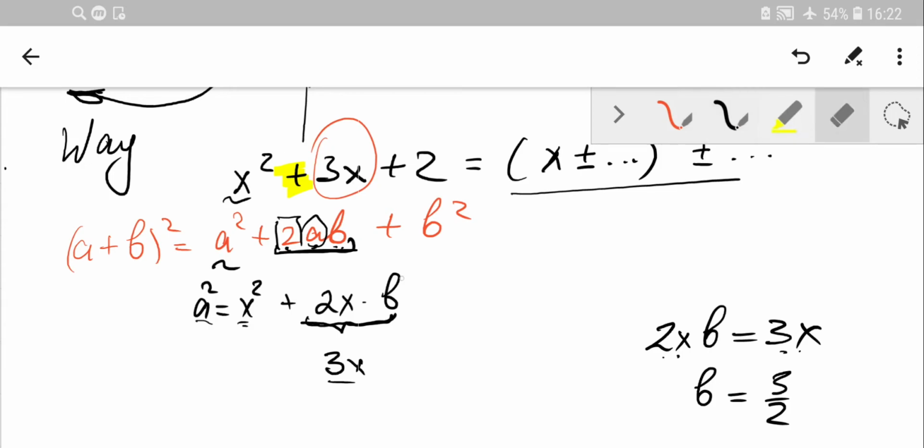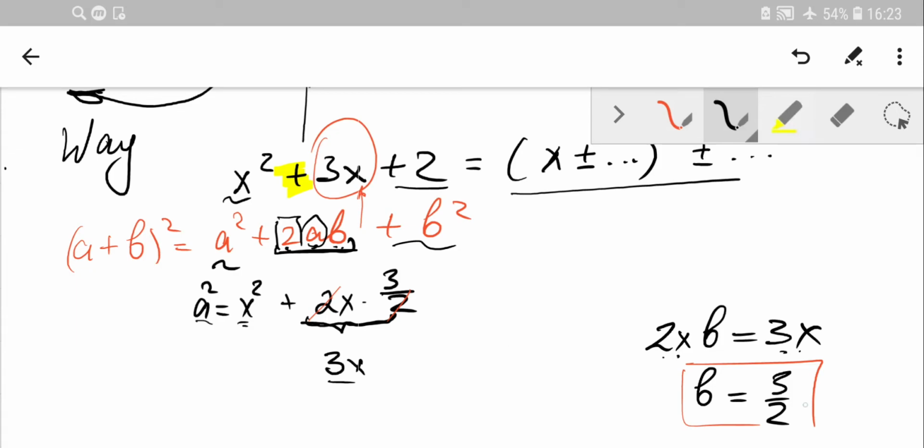So that's why instead of b, we need to write 3 over 2. And indeed, you can check yourself. If you multiply 2 by 3 over 2, 2 will be cancelled, and you will stay with 3x as you're supposed to have. Okay, so because we found that b is 3 over 2, we just need to have this term squared. Don't care about what you have here.